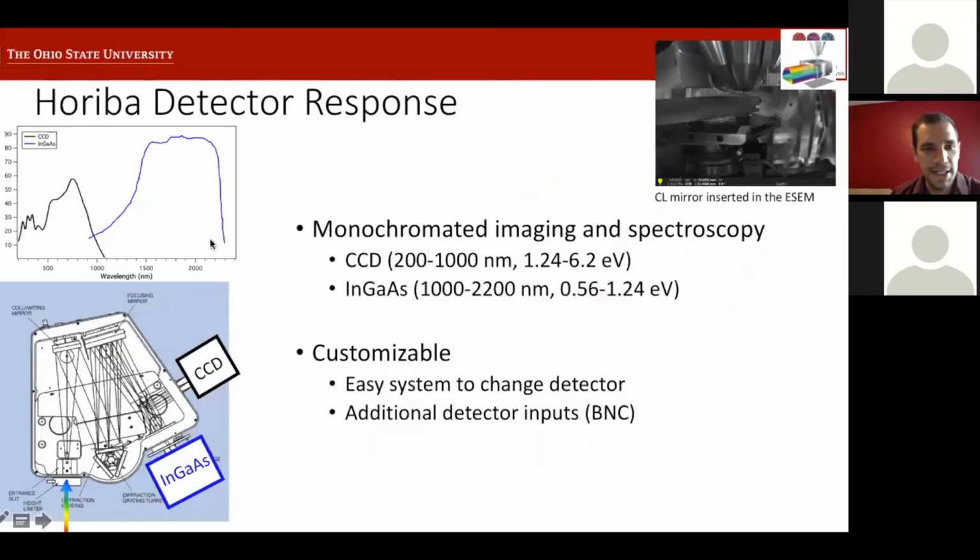I'll also show the detector response here, but basically with the CCD, you can use anything from about 200 to 1,000 nanometers, whereas the InGaAs detector will pick up from there, and it's a little bit better from 1,000 up to 2,200 nanometers.